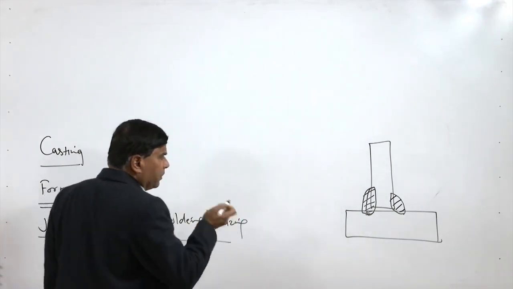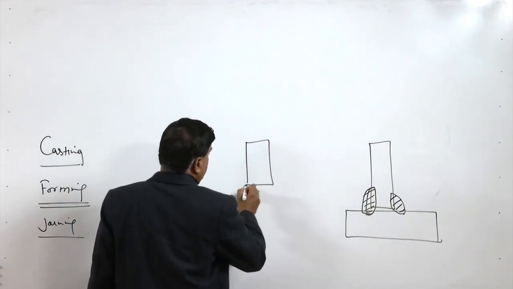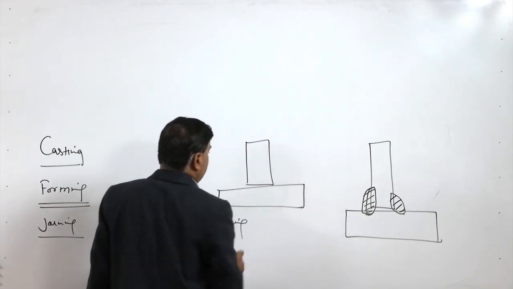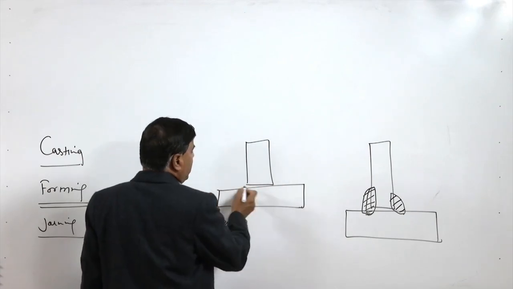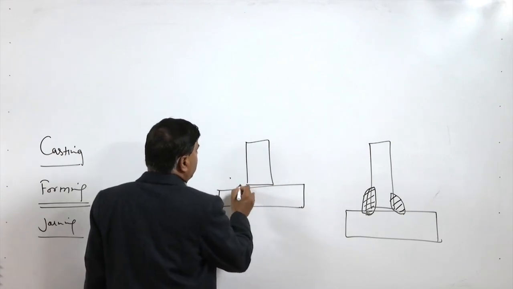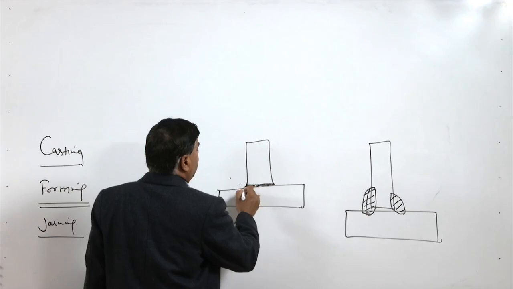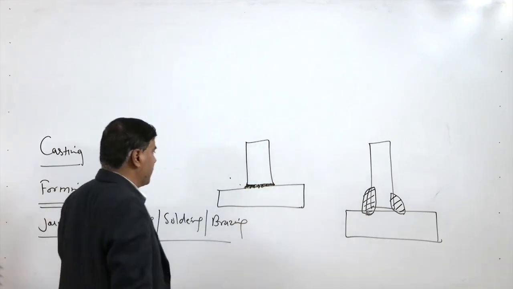If we find that even fusion is not possible, then what we can do is apply just brazing alloy. So, the components are heated, and then the brazing material is applied or filled in at the interface, and on solidification it produces the joint.